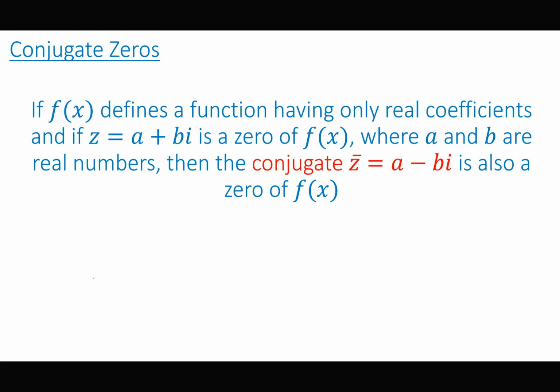Okay, so this conjugate zero theorem, this is actually a theorem. I should have added that on there. So this is a theorem that's already been proven that is true. If you know one complex number that is a zero, the conjugate is also going to be a zero for that.